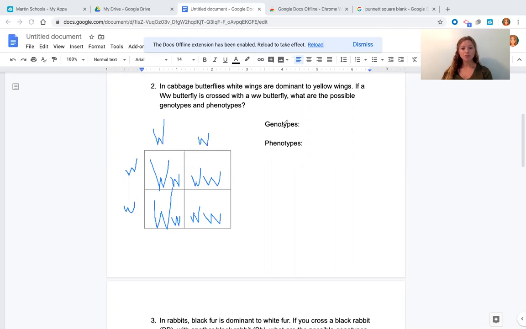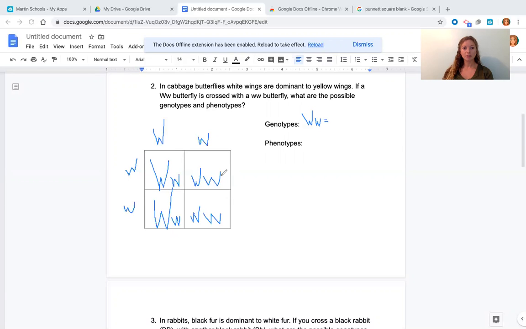Genotype refers to your genes, what we can't see. We can't see our genes. We can't see what's in our DNA. So here I'm talking about the possible pairs, okay? So my genotype possibilities, I have 2 possibilities. I have a heterozygous possibility, which is my capital and lowercase. And in that, I have 2 out of 4, right?